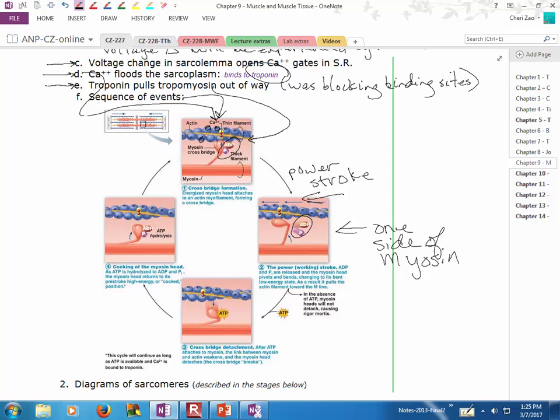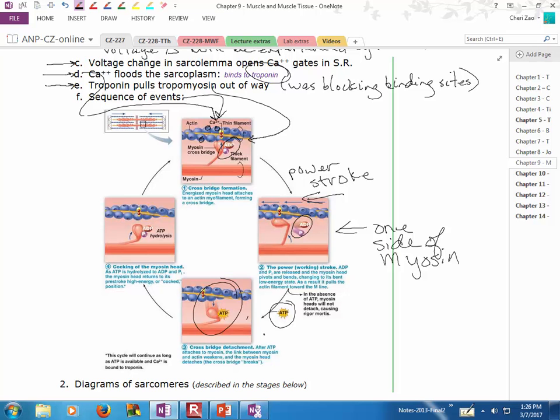And then we have plenty of energy, which is in the form of ATP, because we have lots of mitochondria inside these cells. And mitochondria are ATP-producing factories. And ATP will then interact with this site, which has undergone its power stroke, and it will do this in this sequence of events. We need ATP to do this.